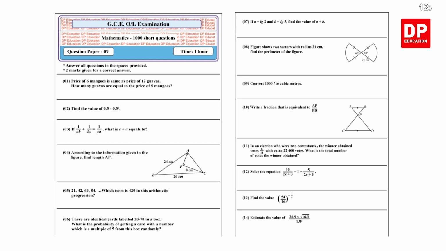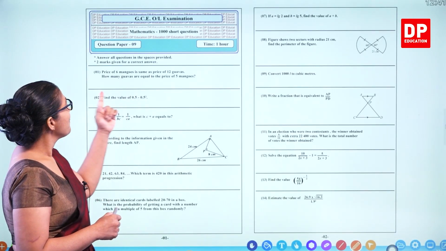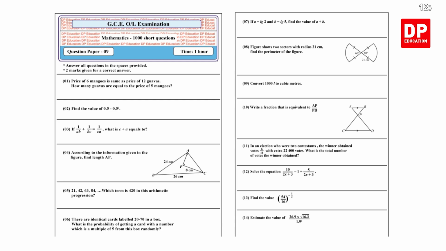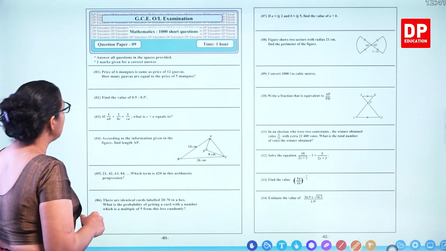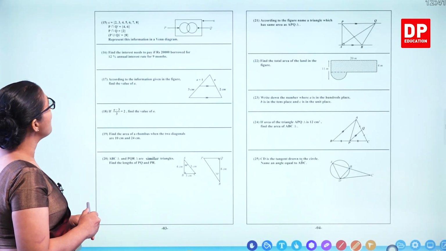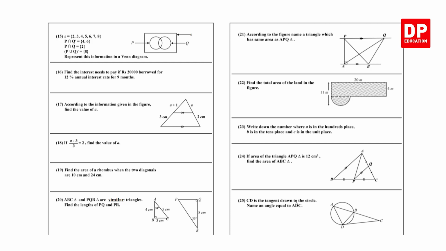Each question is worth 2 marks and the spaces are given so you can write down the answers here. Now try question number 1 to 14 and then you can try question number 15 to 25. So let's do paper 9.